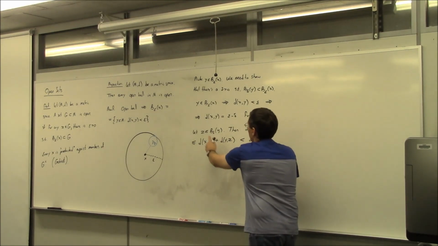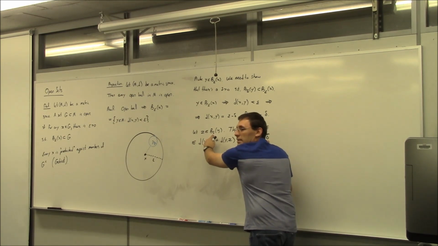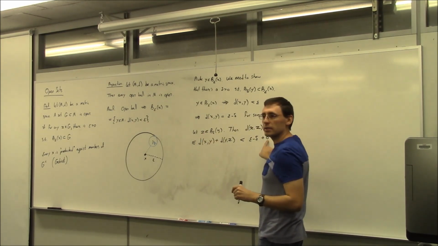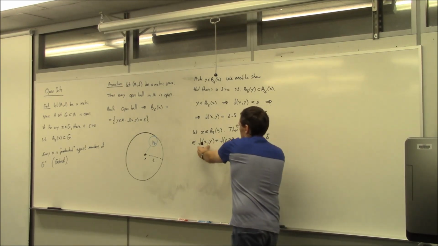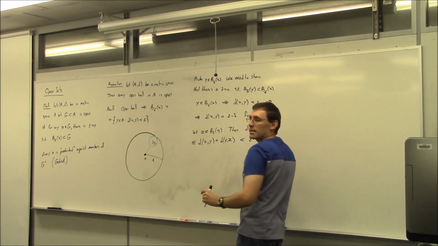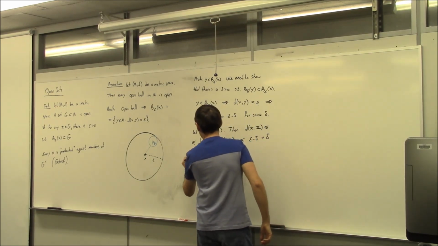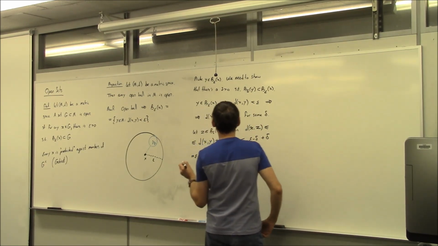You see, this is equality. This is inequality because Z belonging to the ball of radius delta means that the distance between Z and Y must be smaller than delta. So this part is equal, but this part is less. And together it's less, and that is equal to epsilon. Okay?